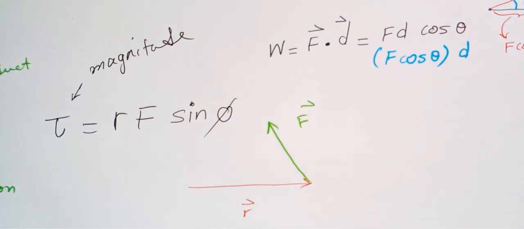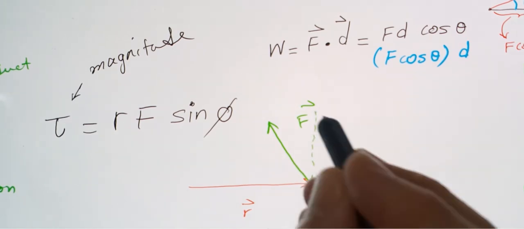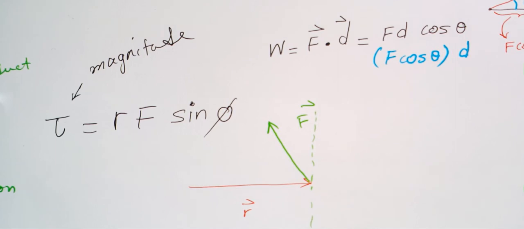Now the cross product means only the perpendicular part of the force will give me torque. Only the perpendicular part of the force will give me torque.